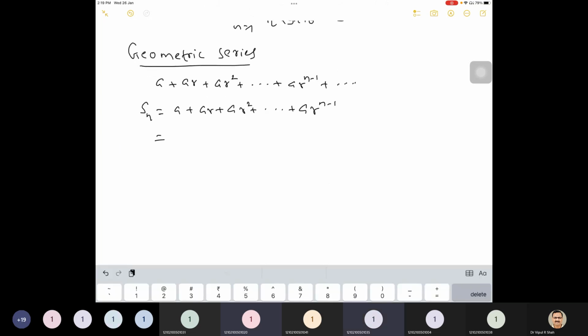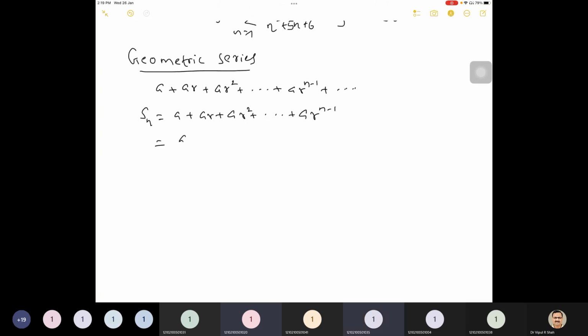Do you remember the formula for the sum of the first n terms of a geometric series? Sn equals a times r raised to n minus 1, upon r minus 1.